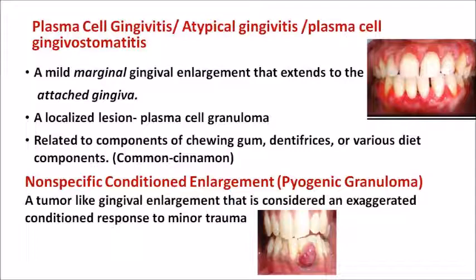When this lesion is localized, it is called plasma cell granuloma. But when it is generalized, we call it plasma cell gingivitis. It is commonly related to components of chewing gum or toothpaste or some diet components. The common agent is cinnamon. This is also a repeatedly asked question: which ingredient causes plasma cell gingivitis or allergic gingivitis? It is cinnamon.